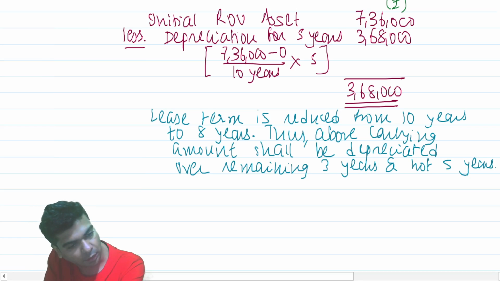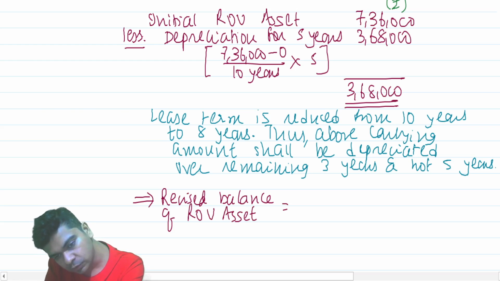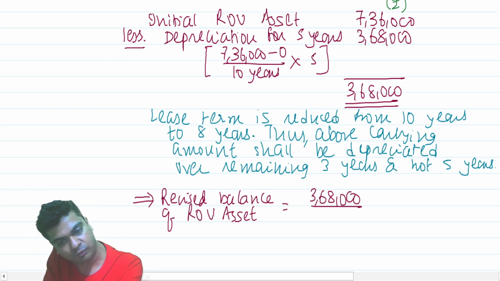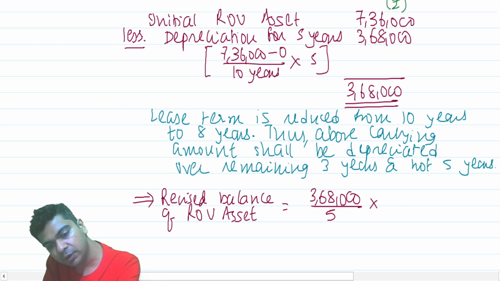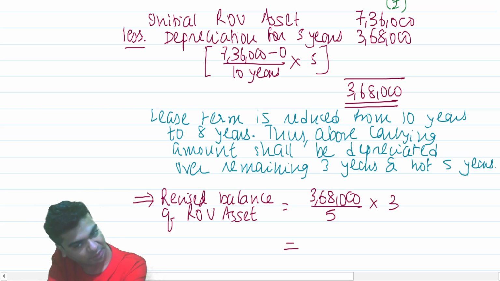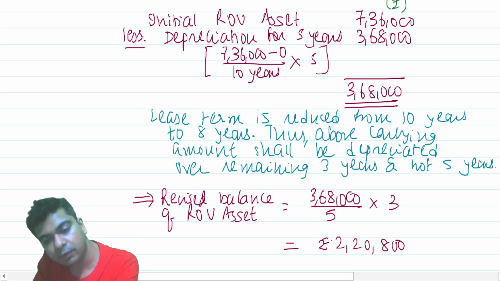So we say this implies revised balance of ROU asset equals 3,68,000, which we were planning to depreciate over 5 years. But now I need a balance which is equivalent to 3 years. 2,2800.